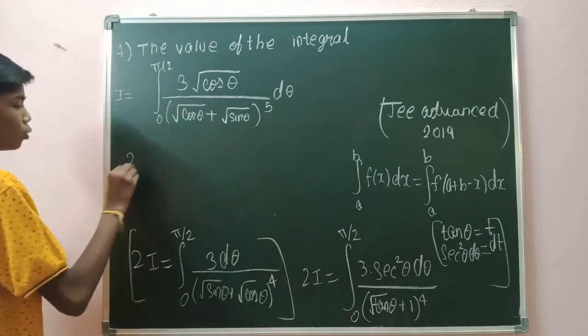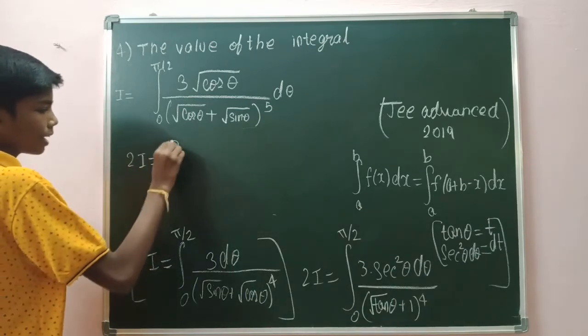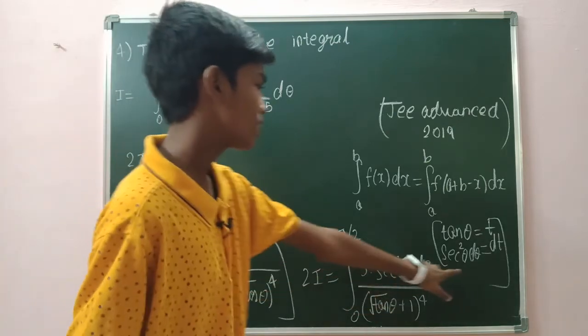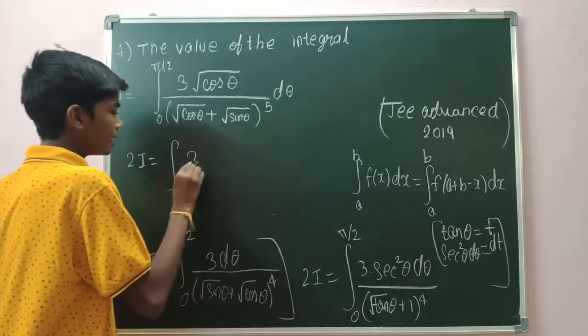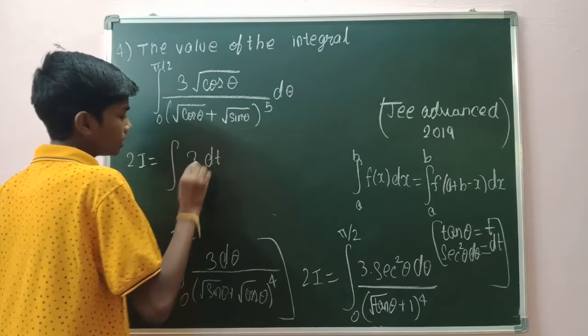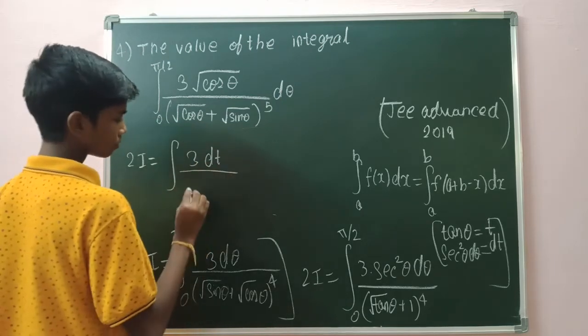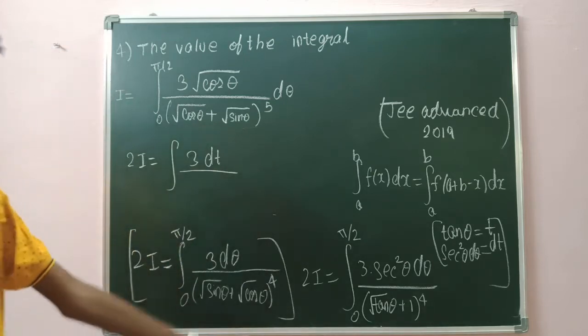When I apply it, I can write the same integral 2y as the integral of 3 into sec²θ dθ. So if sec²θ dθ is dt, I can write 3 dt divided by root of t.